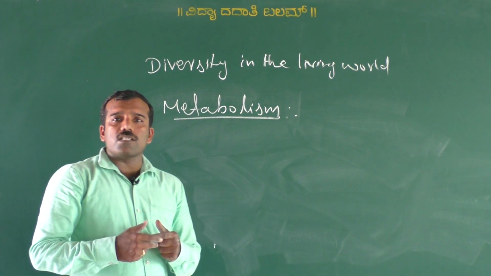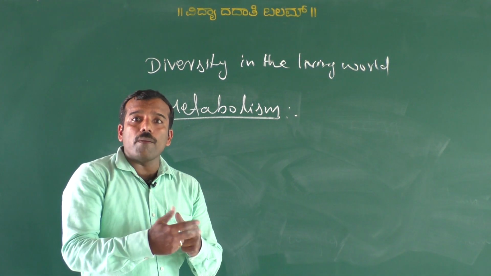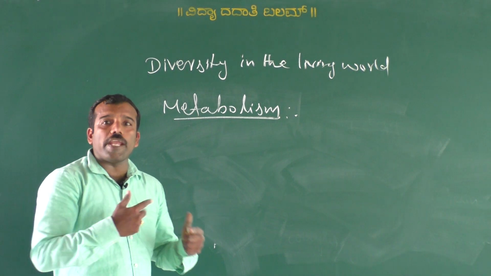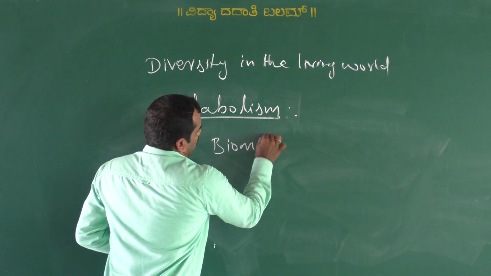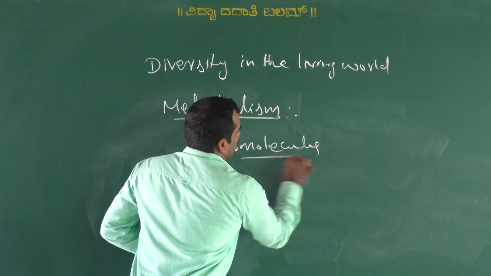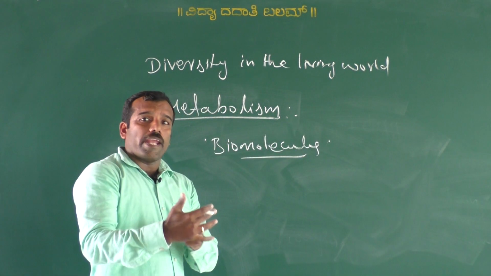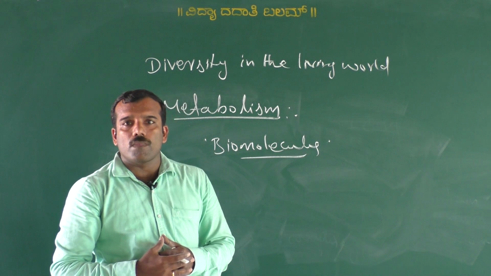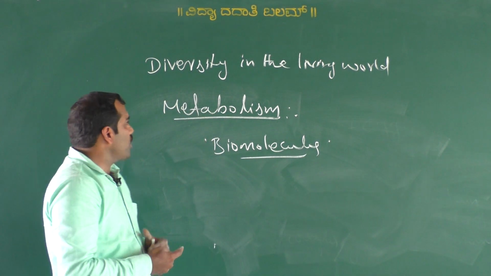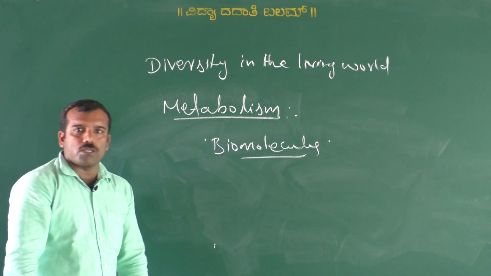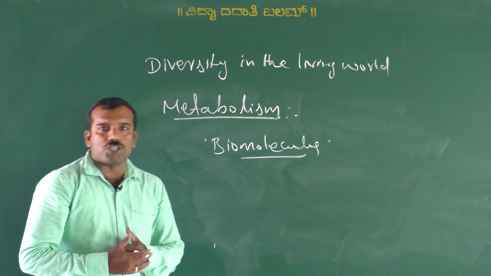These chemicals are regularly made and changed into biomolecules. This change in the chemicals is because of chemical reactions. That chemical reaction is nothing but a metabolism or metabolic reaction.